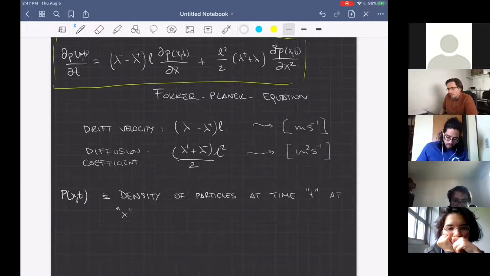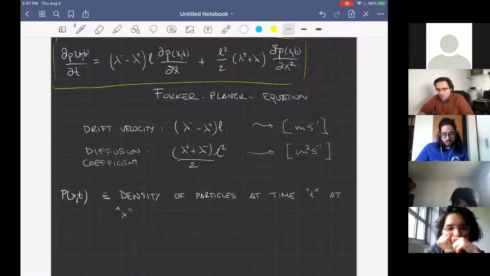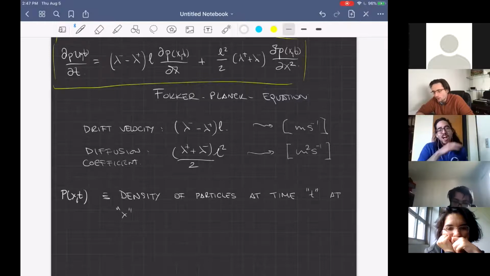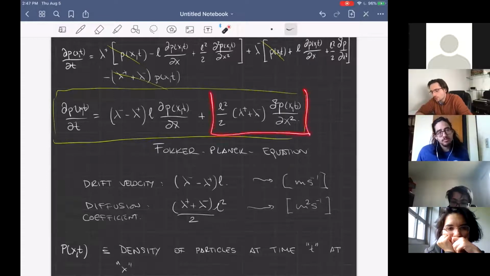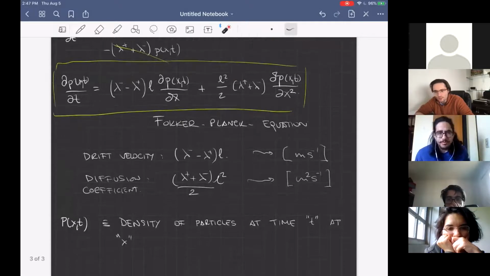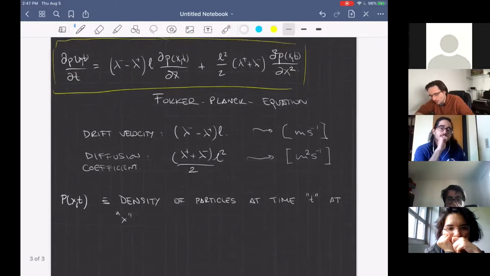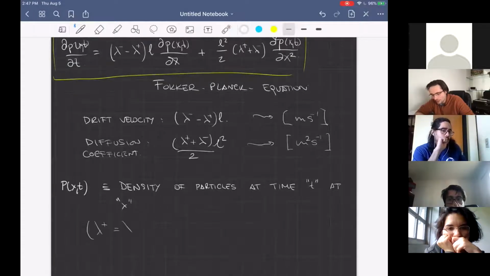I consider it for two reasons. The first one is because I want to show you how this randomness in the movement of the particles introduces this new, different way of transport, this diffusion that we said. And the second one is because in most of the cases that we are going to study today, I am going to assume that lambda plus is equal to lambda minus.